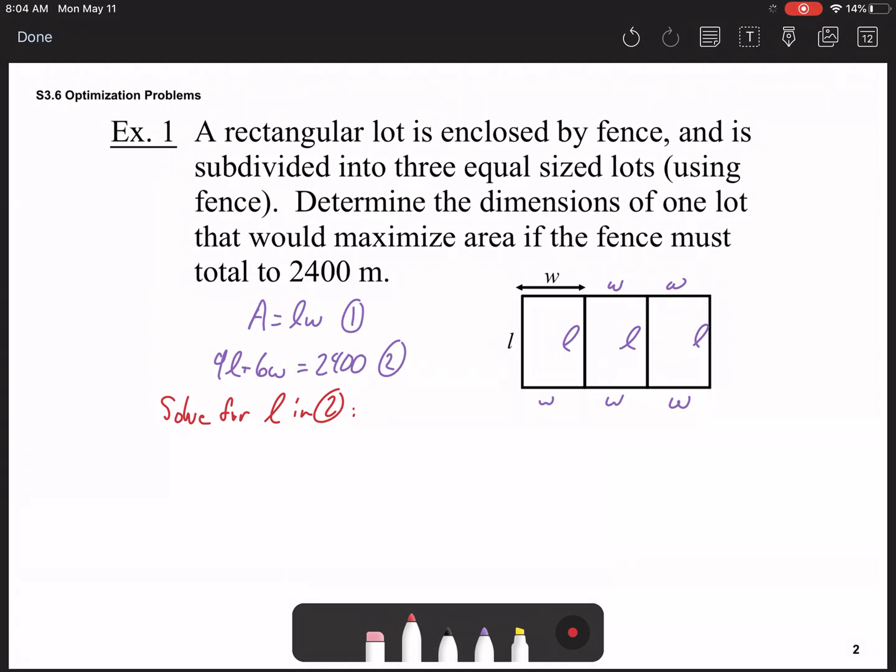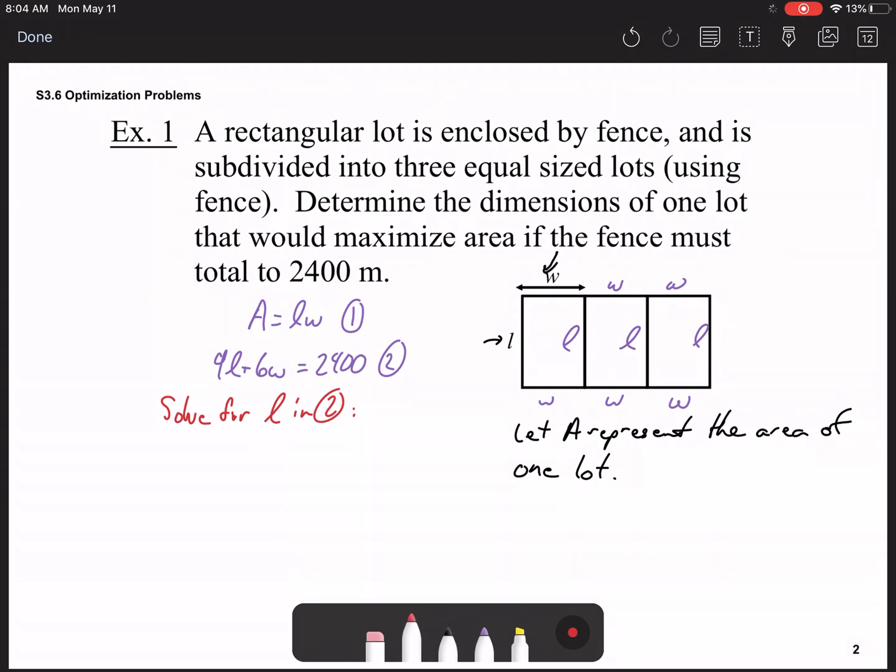And I should also define the variable A. So let A represent the area of one lot. L and W are already defined for us in the drawing, so it's not necessary to redefine.